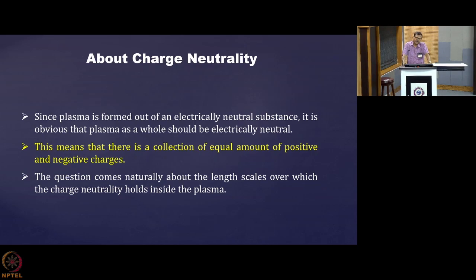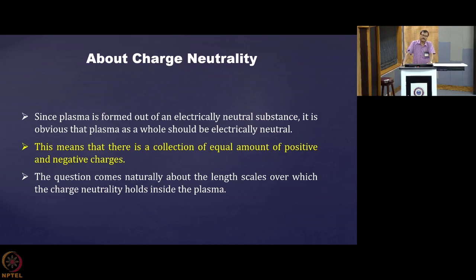Now, when you are pumping energy into that, this solid iron will become liquid iron, and then it will vaporize, and then a time will come when the atoms will be ionized. But initially there are equal numbers of positively and negatively charged species. So, finally also the same will be there. Initially it was neutral, finally also it will be neutral.